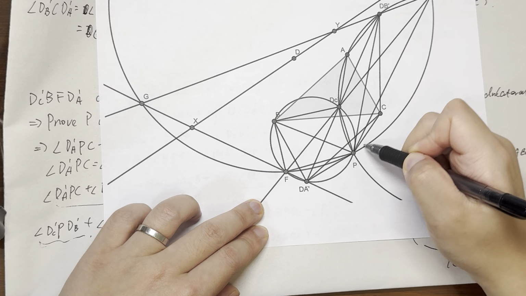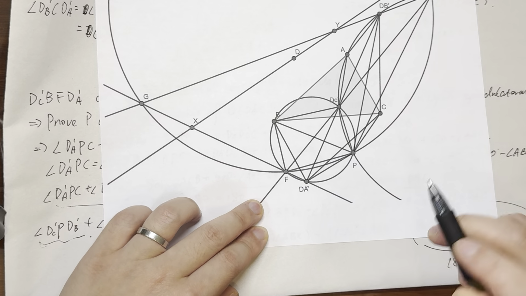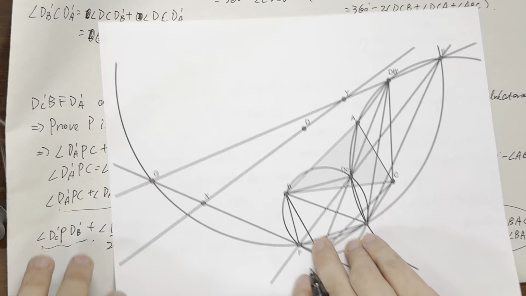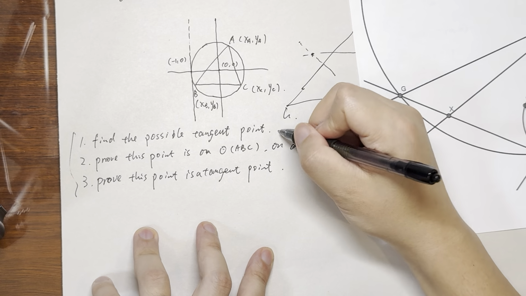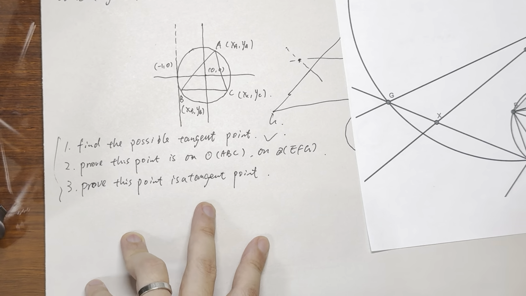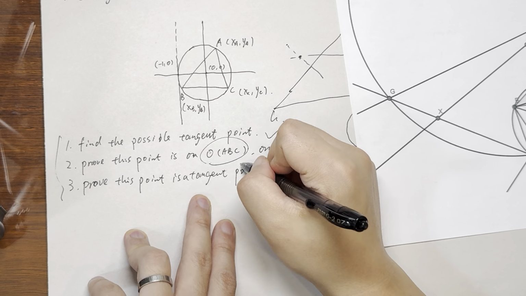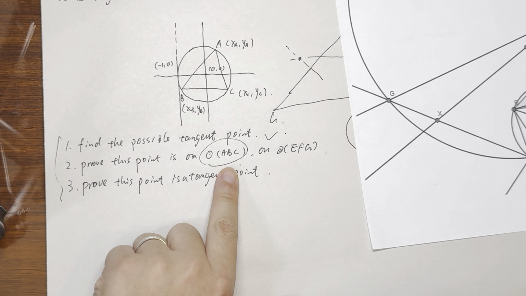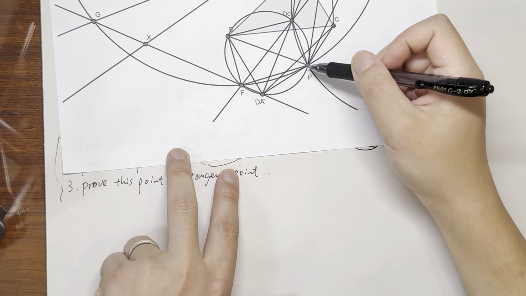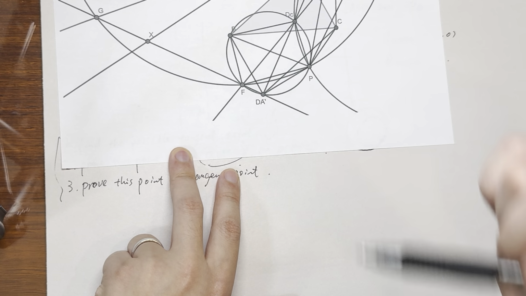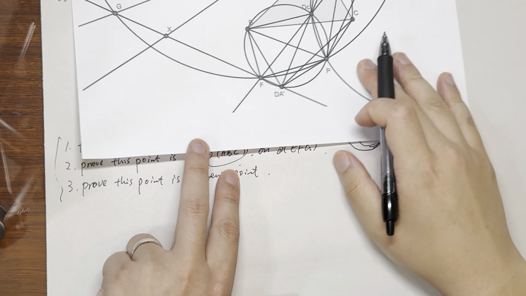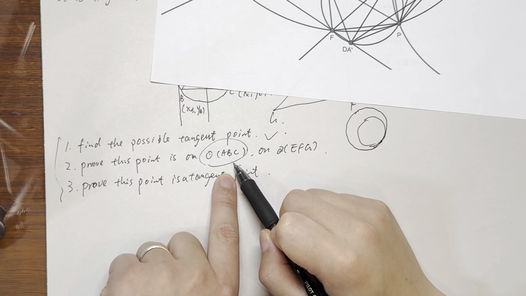I didn't draw it out, so like this. Now, if we go back to our first step, we already know this point is on the circumcircle of triangle ABC, right? Just because when we start, we say that this P is the intersection point of this circle and the circumcircle of the triangle ABC.